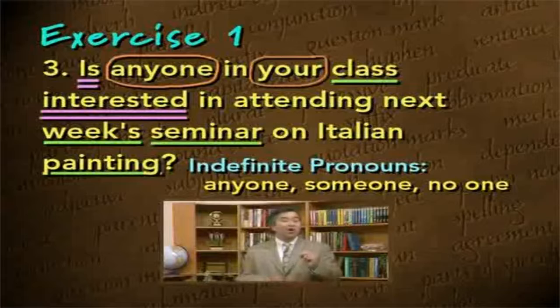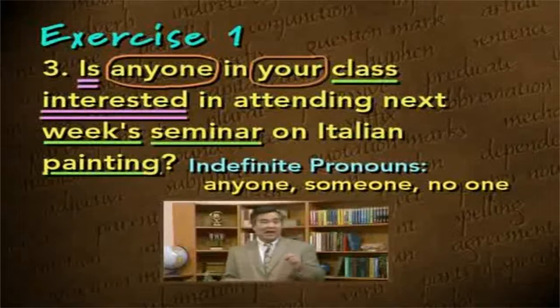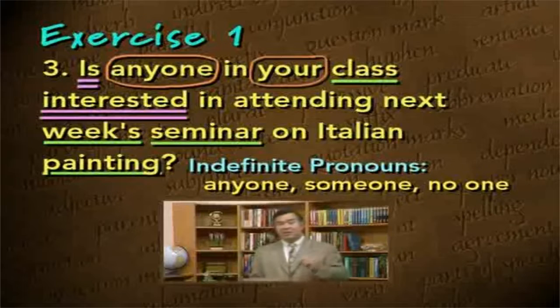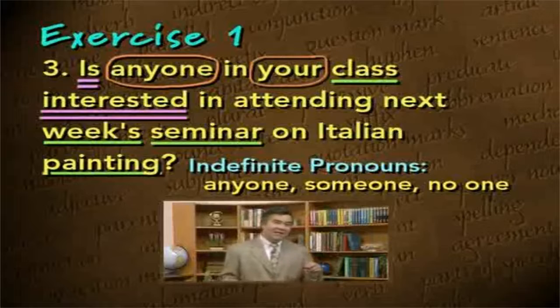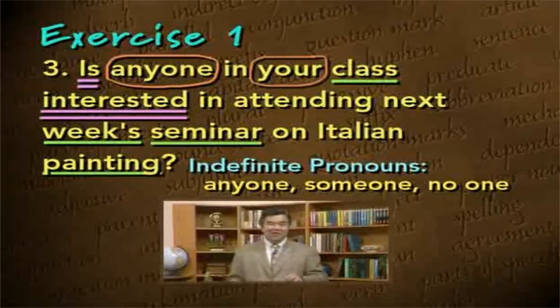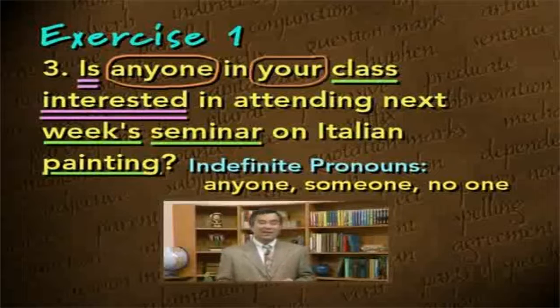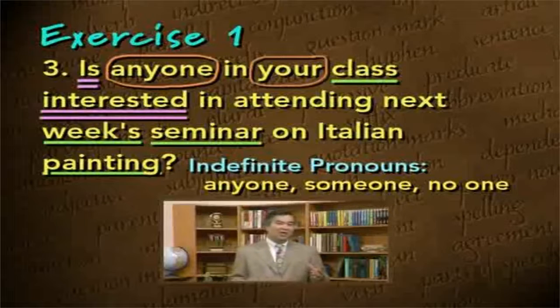And finally, your is also a pronoun. And here, the antecedent doesn't appear in the same sentence. The antecedent, that is, the person to whom your is referring, is you. It's not exactly stated in the sentence, but it's something that's understood.